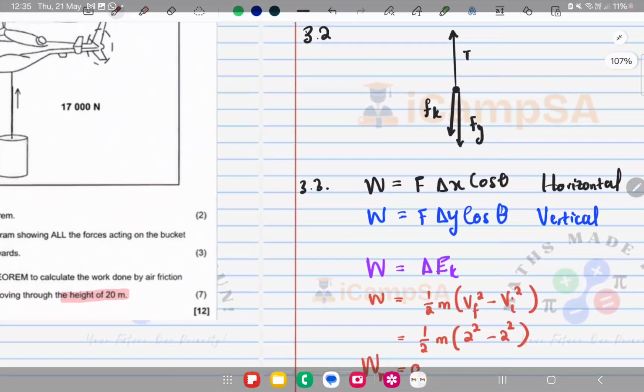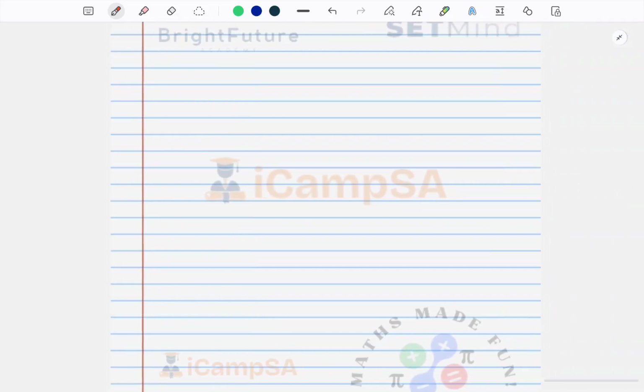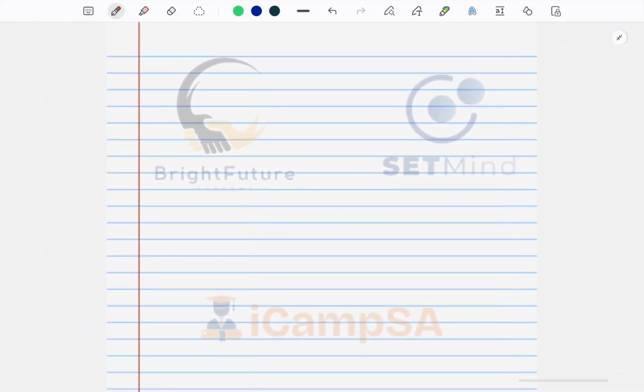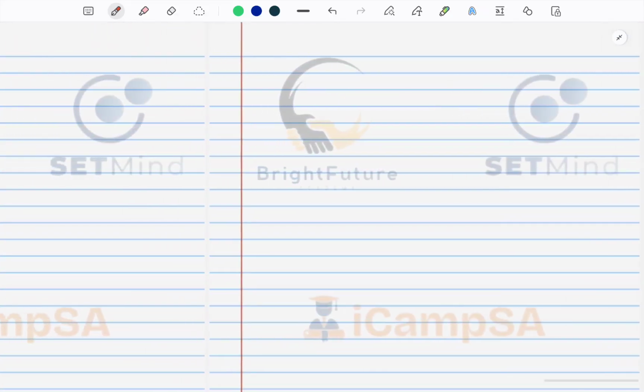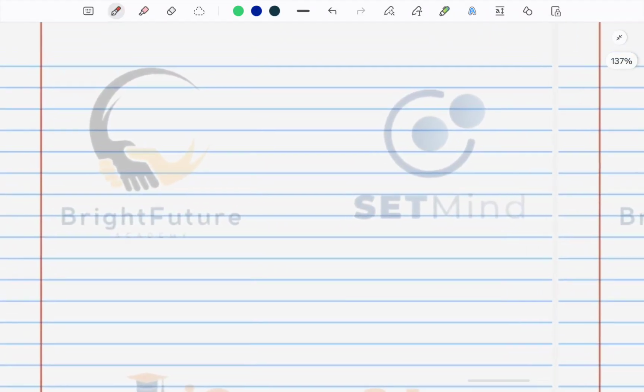Now that you've got total work as 0, what we need to do is, you already have your free body diagram there. Let me just redo it for you. You have your T here, you have your FK, and then you have your FG here. So that means we have 3 forces.